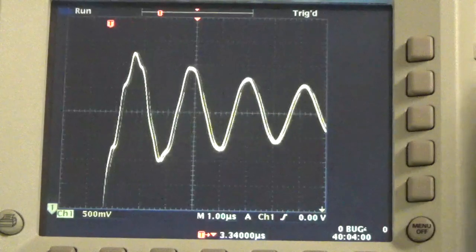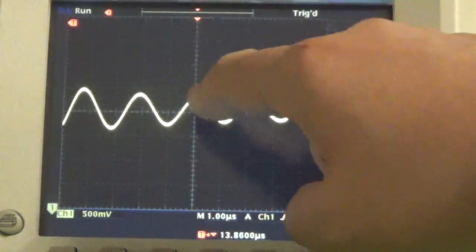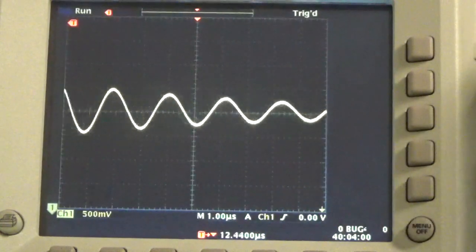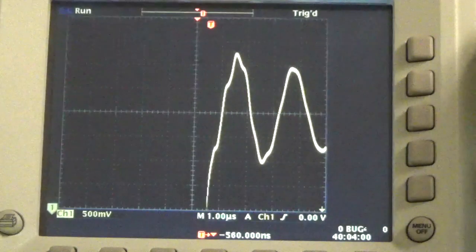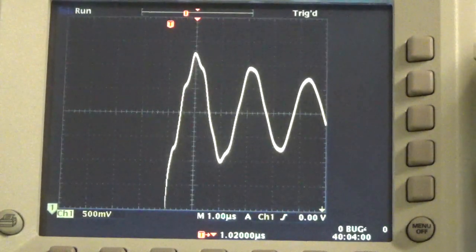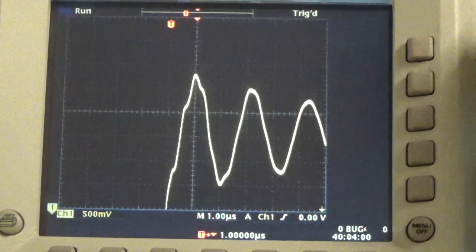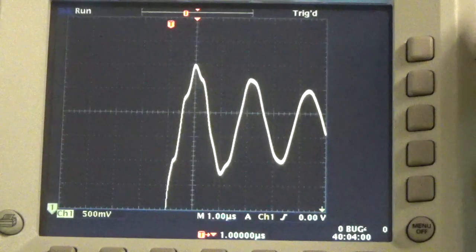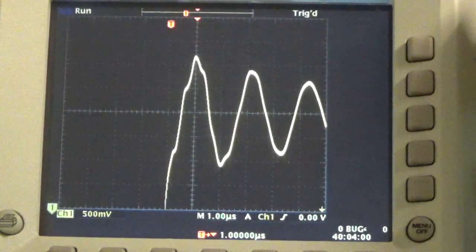If you go like this, you will figure out that it is the same between each one of these peaks. So I will just pick the first two and measure the time. To measure the time, we need to see how many squares we have. I will adjust it a little bit like this, so that's great.